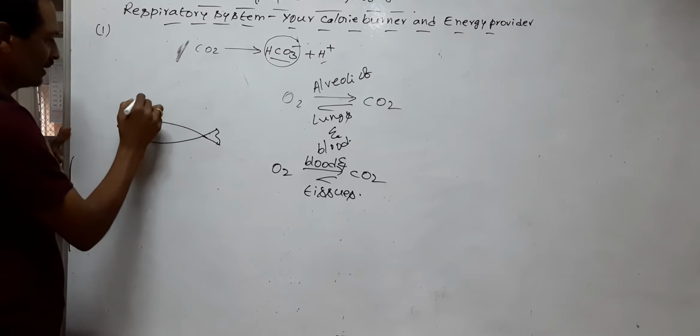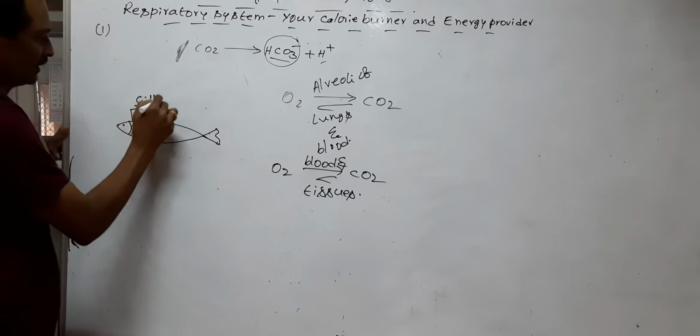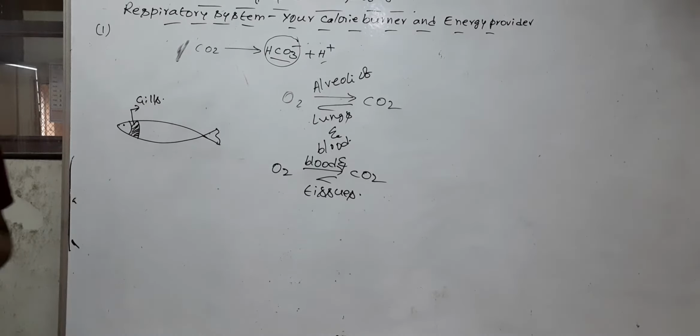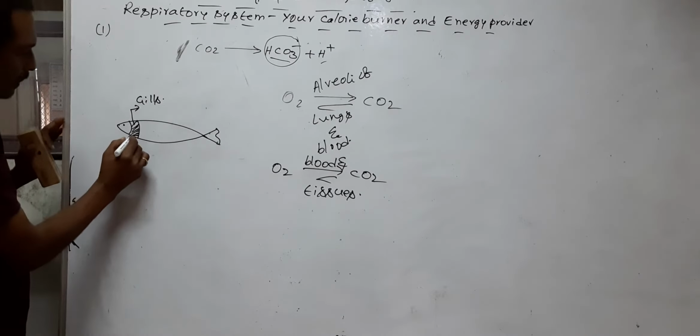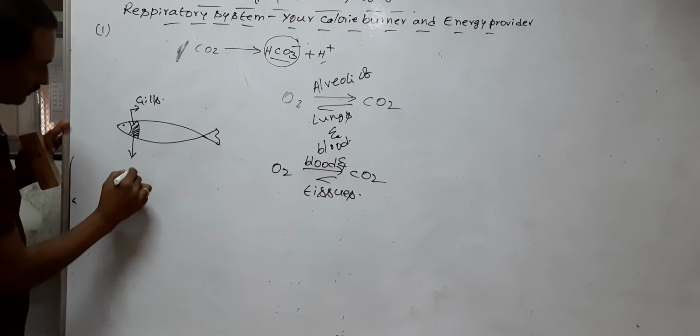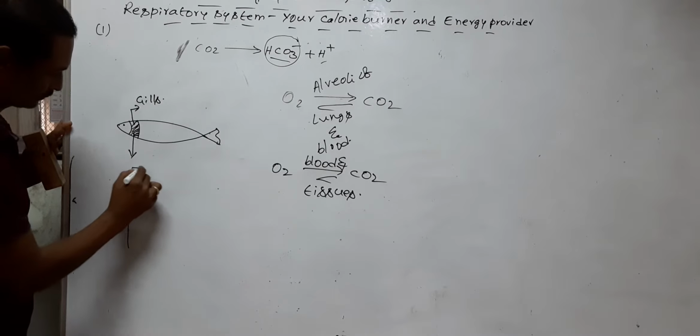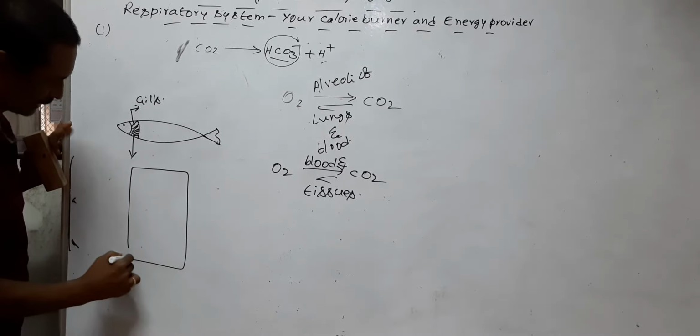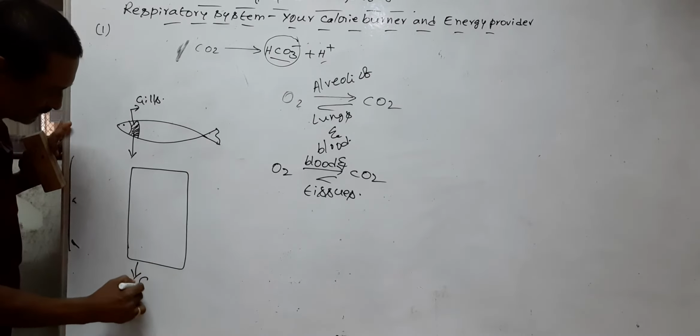So these are gills. Gills are respiratory organs in the fishes. For example, this is gill.